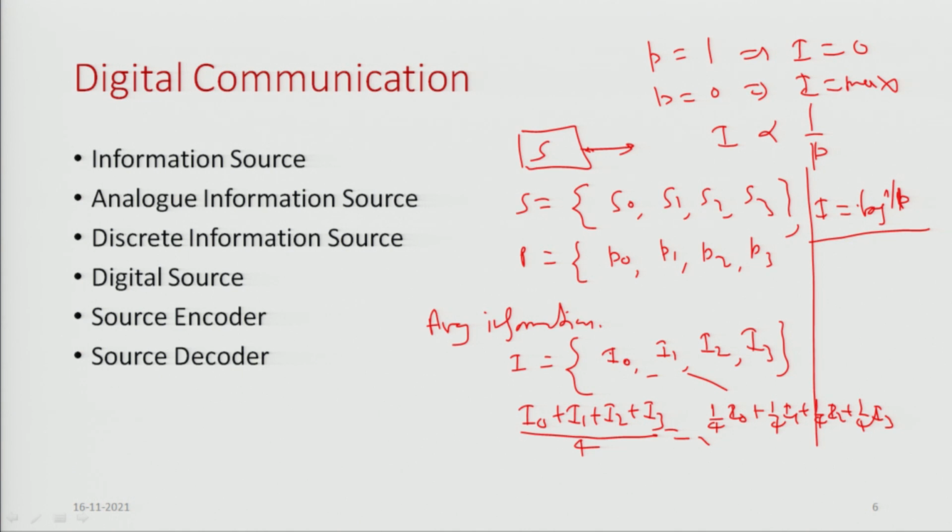But if the symbols are not equiprobable, and their probabilities are different, how can we find the average value? Then the average information can be calculated as I0 into P0 plus I1 into P1 plus I2 into P2 plus I3 into P3.